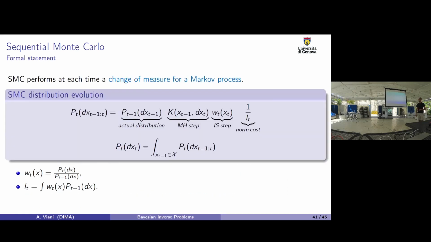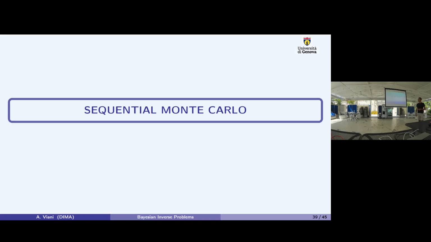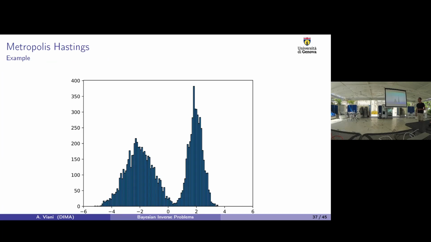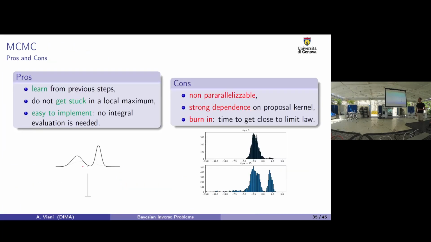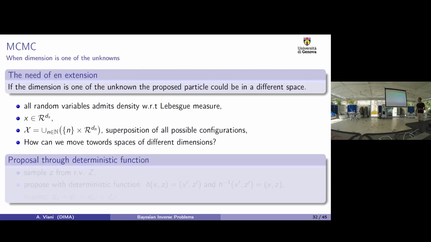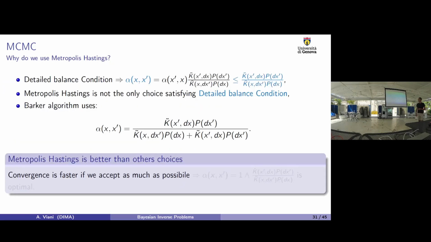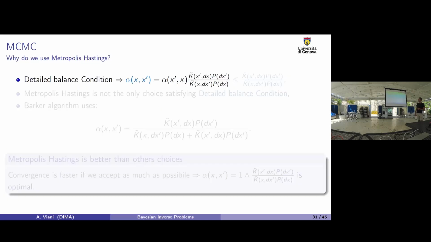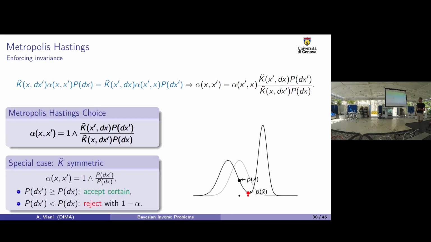If I understood well, the choice of alpha makes the choice of the kernel not important. I mean, I can choose whatever K, and then alpha makes it invariant with respect to p.